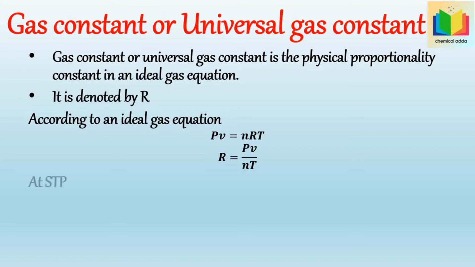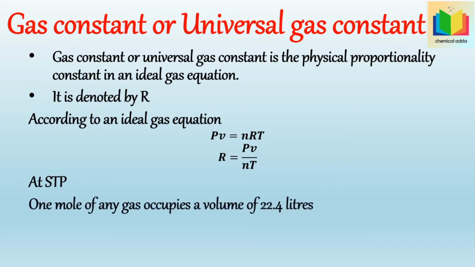But at STP condition, pressure P is equal to 1 atmosphere, temperature T is equal to 273 K, number of moles N is equal to 1 mole, and 1 mole of any gas occupies a volume of 22.4 liters.